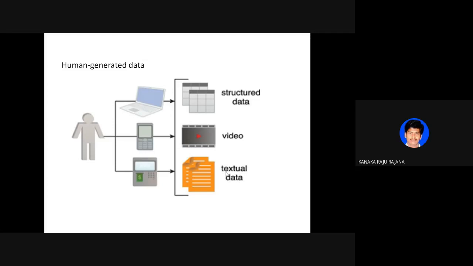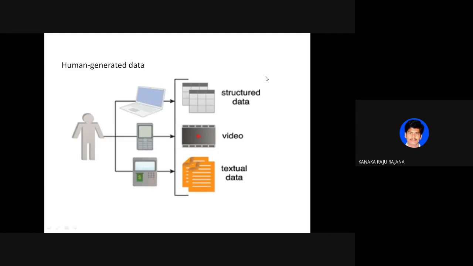Now, usually the data can be achieved either from a machine or from a human. Let us take an example. This slide gives you a detailed explanation of human generated data. A human can use SQL. Let us say you did your DBMS lab, and what we learned from that is that a DBMS supports the relational database management system in terms of records, and the records are rows followed by columns.